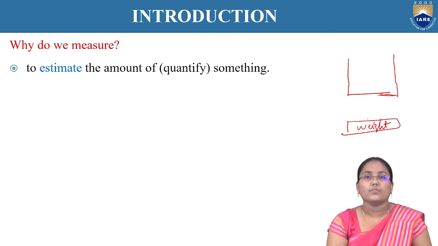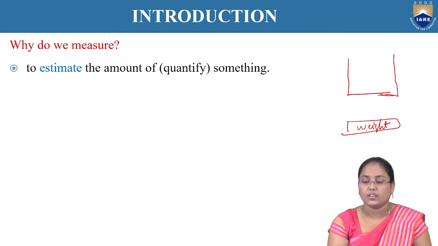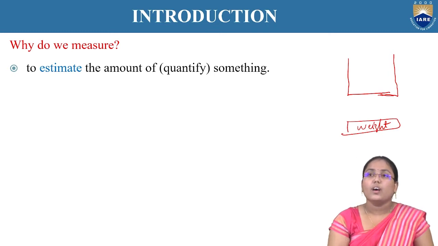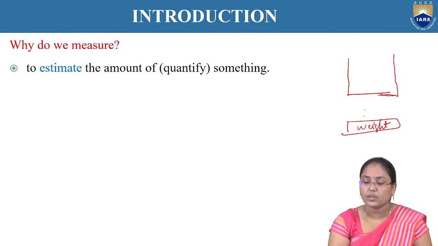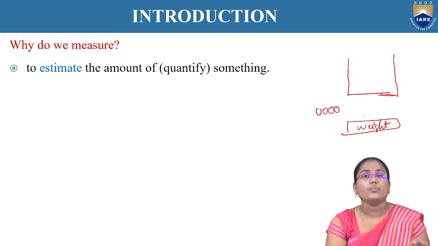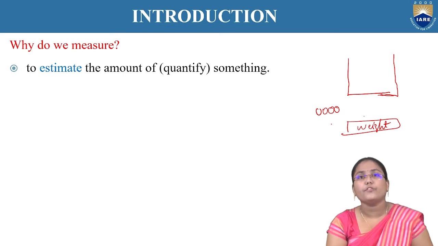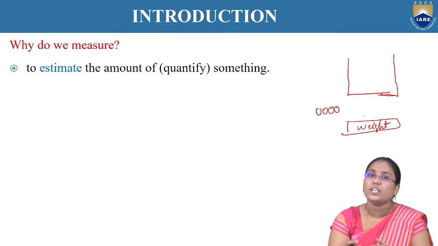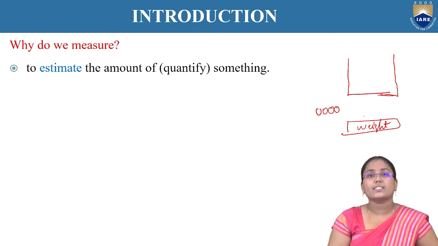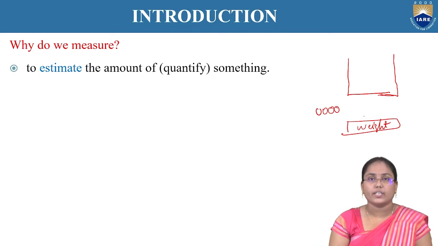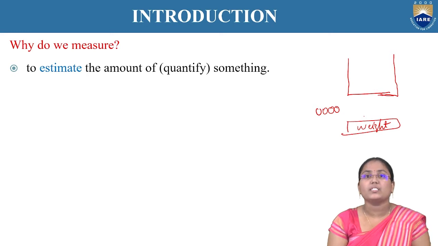When we put something on this, let us say, for example, I have some fruits and I have to measure how many kgs there are, or how many fruits there are. Even if we say how many fruits there are, it is still estimating the amount of the quantity itself. So here measurement is nothing but estimating the amount of something.